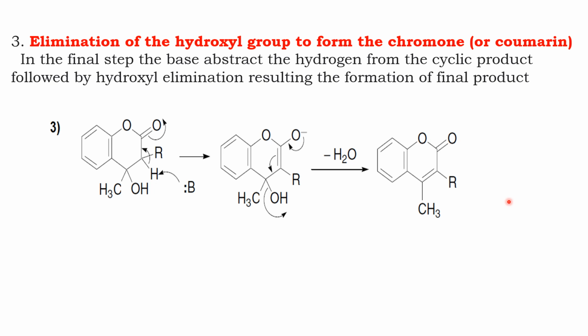Take down. Listen carefully and take down. Show the arrow marks carefully. So the elimination occurs to give the final chromone or coumarin, which are derivatives of benzopyran and are isomers.